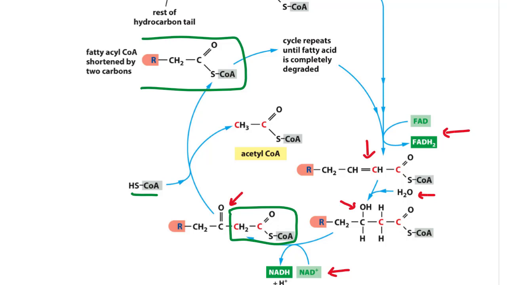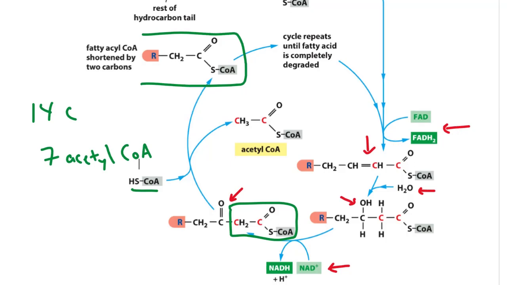So basically, if I have a fatty acid that is 14 carbons long, then I can get 7 acetyl-CoAs from it. And then, of course, the acetyl-CoA enters the citric acid cycle, and all that NADH will later be used by oxidative phosphorylation, as we will see in section 2.